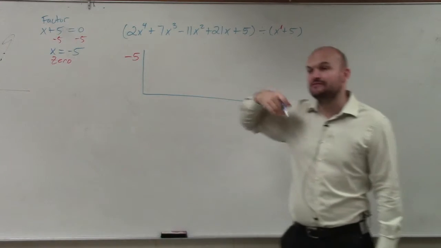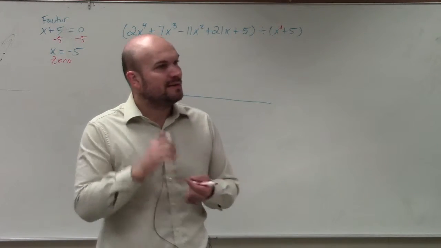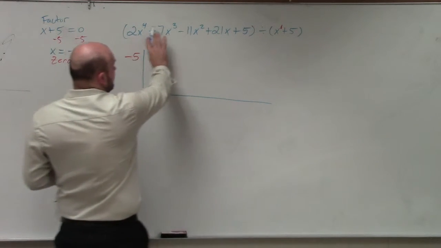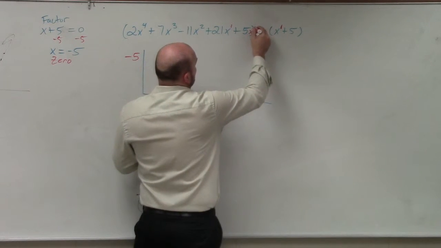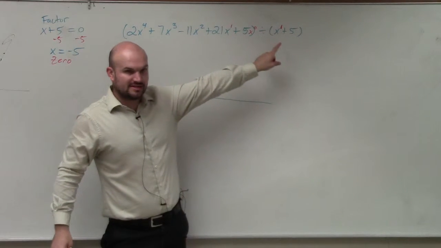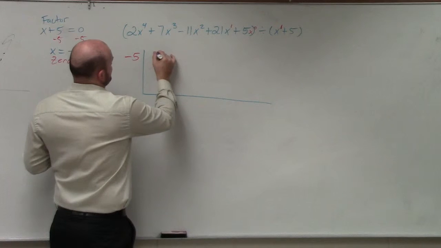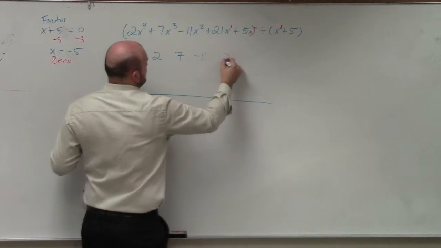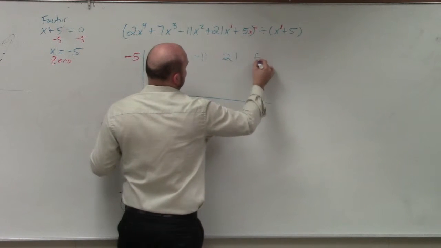And just remember, if you are missing a term, for instance, like there's no x squared, then put a 0 in place of that. But you want to make sure that you have this in standard form, going all the way down to descending order. OK? So whatever the degree is, going all the way down to 0. Then you just take the coefficients of each one. So I'll take 2, 7, -11, 21, and 5.